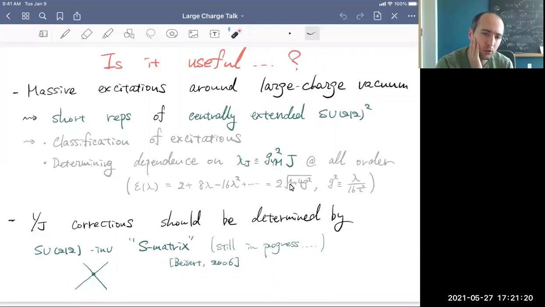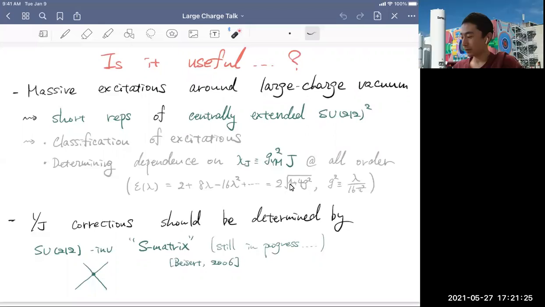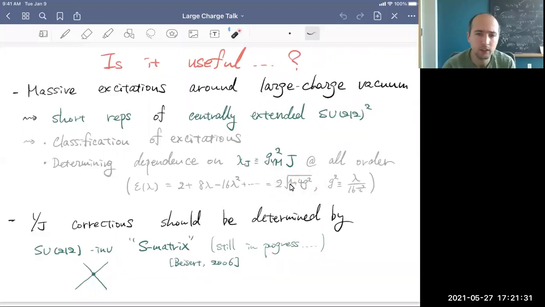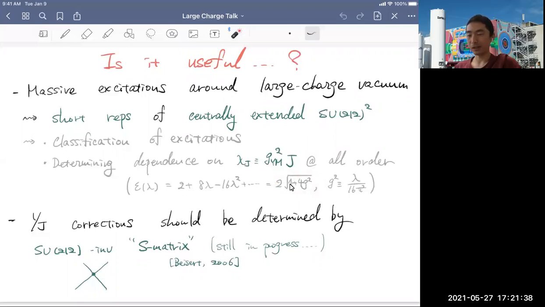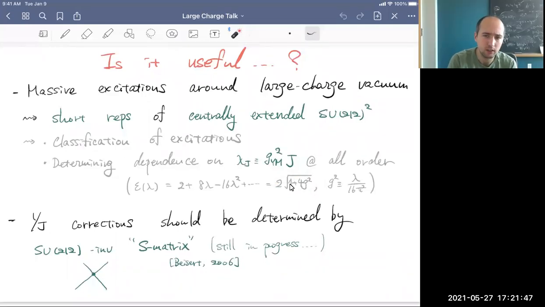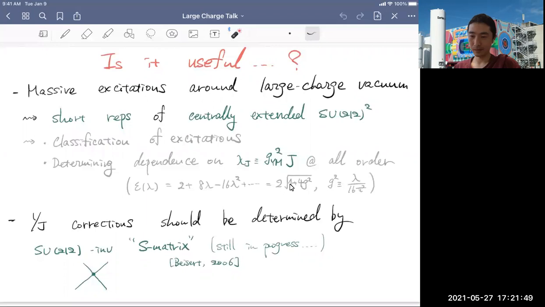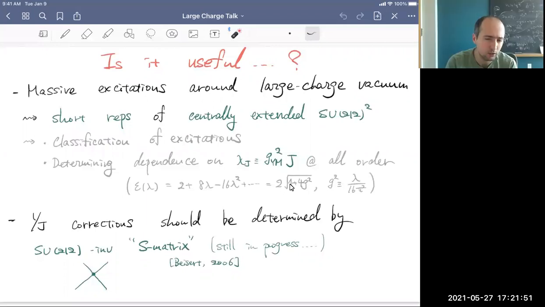Does this tell you anything about the g² correction? Well, I think in principle you can also get this from the semi-classics. No, I'm saying this symmetry argument, does it inform you about higher order corrections in the coupling?